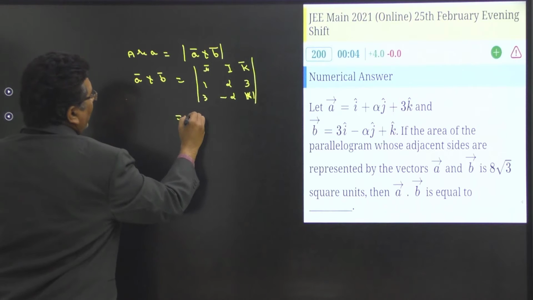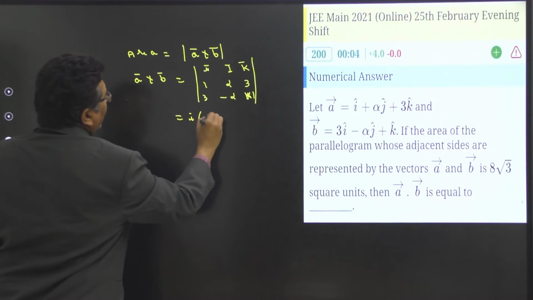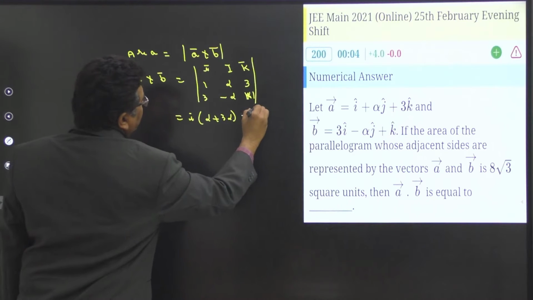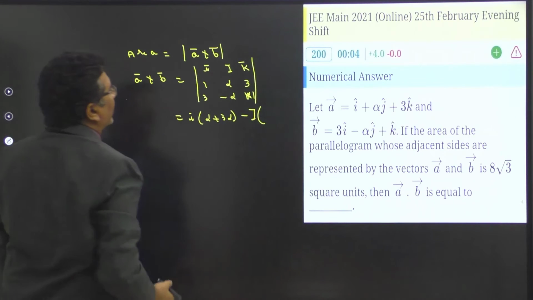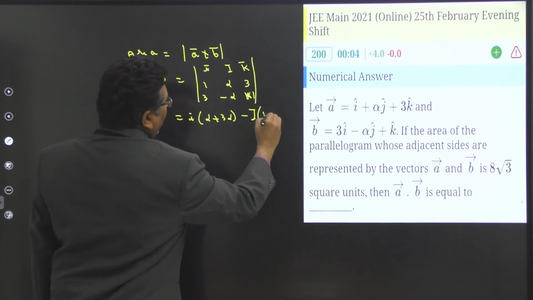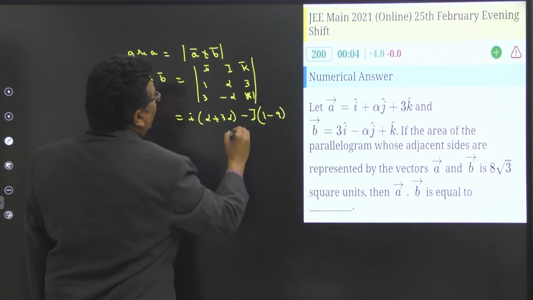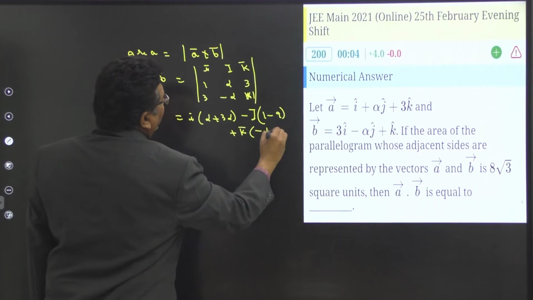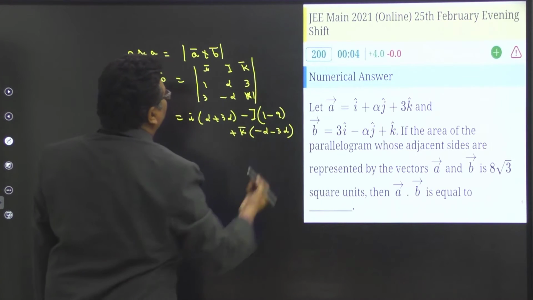Now, that is equal to i bar into alpha plus 3 alpha, minus j bar into 1 minus 9, plus k bar into minus alpha minus 3 alpha.